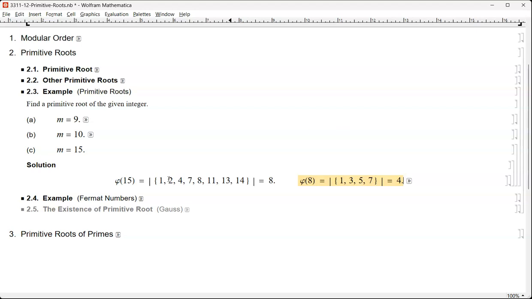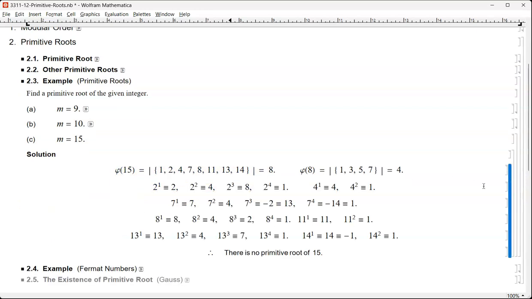So as usual, 1, that's never the case. Start from 2, and then 4, 7, etc. But if you try, you're never going to get any 1. 2 to the first power is 2, second power is 4, third power is 8, fourth power back to 1. 4 to the first power, second power, back to 1. 7 to the first power, second power, third power, and fourth power is back to 1.